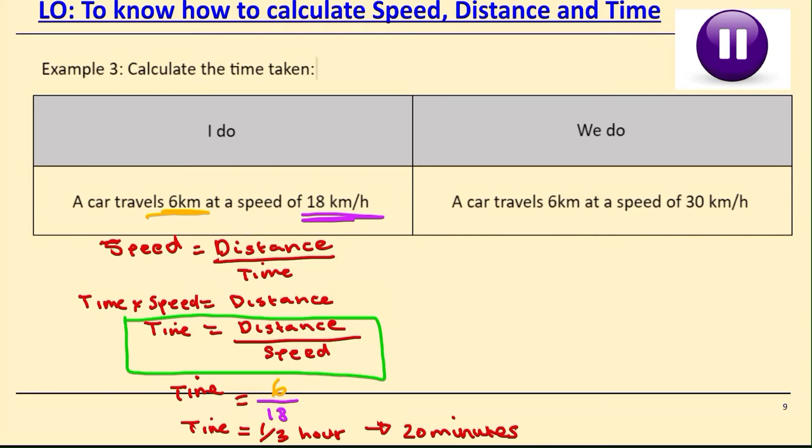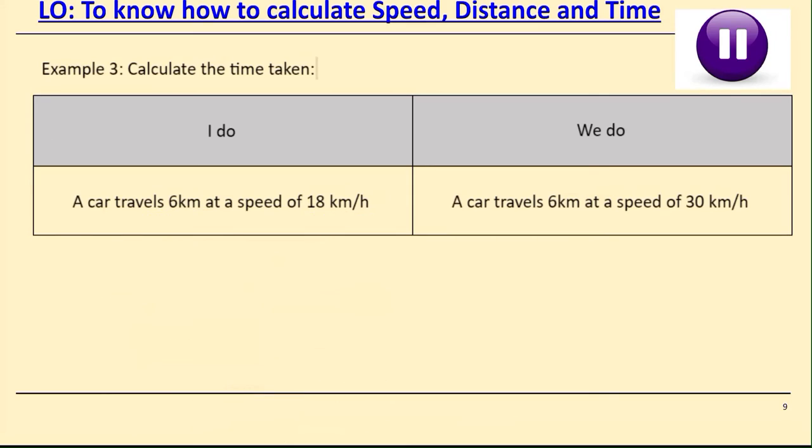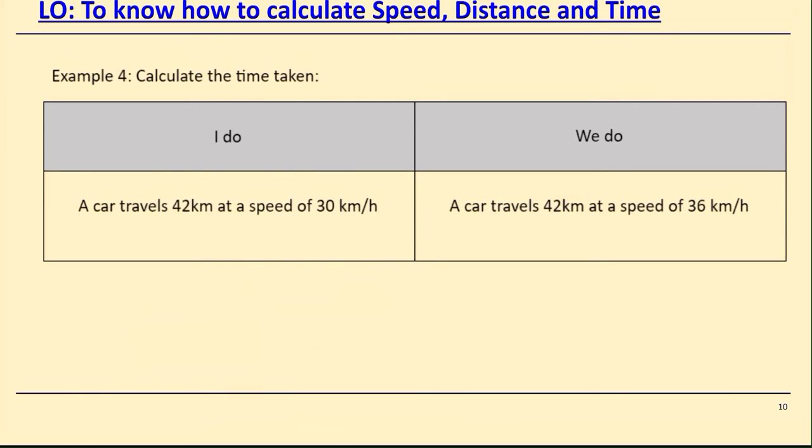All right, pause the video, write down notes, and crack on with the we do question. Great work, the answer is 12 minutes. Okay, let's look at example 4. We're going to be using the equation that we used before, time equals distance over speed.